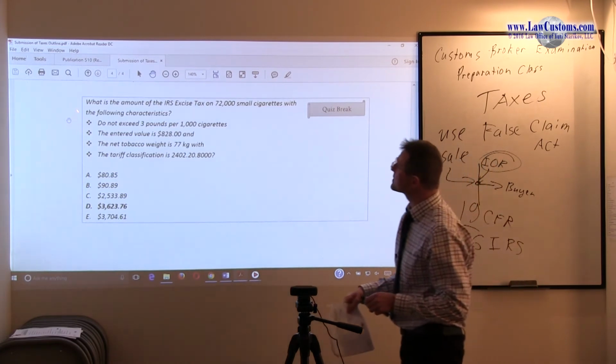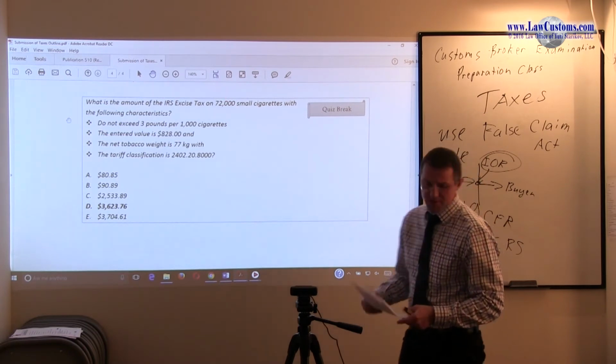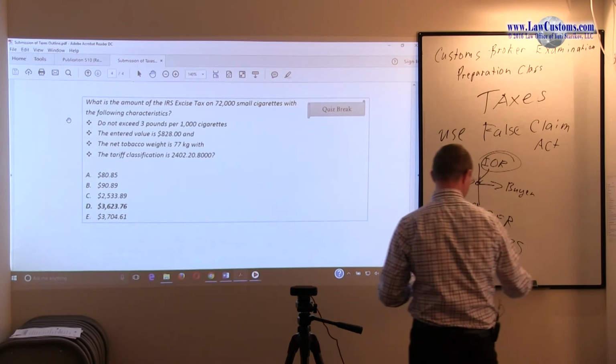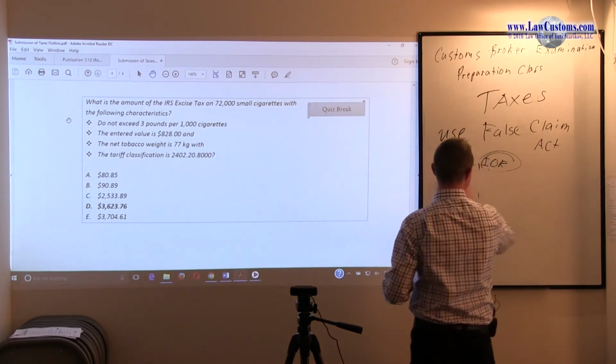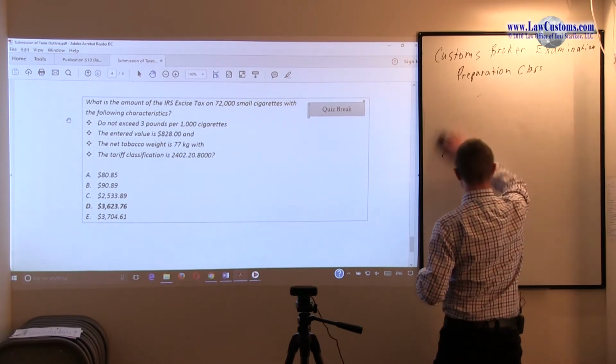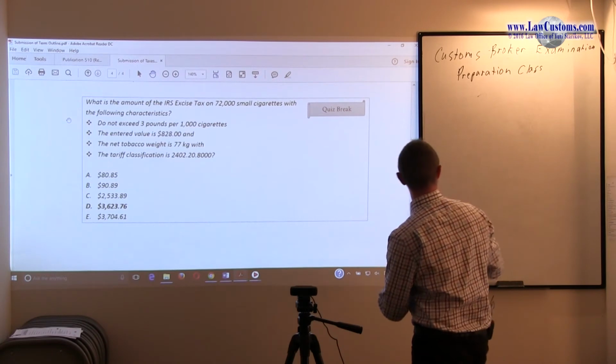What is the amount of IRS excise tax on 72,000 small cigarettes with the following characteristics? Once you see the excise tax, you immediately know that you are in the area of CATER Appendix B, right?